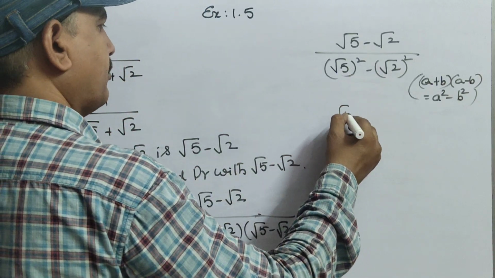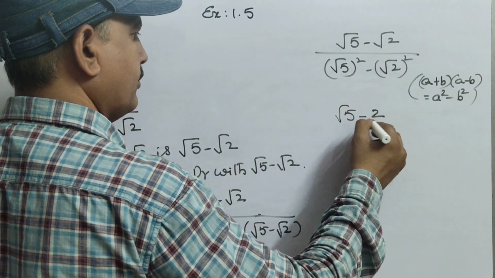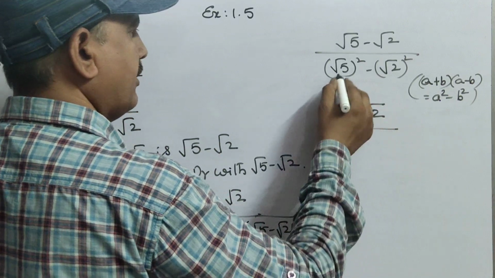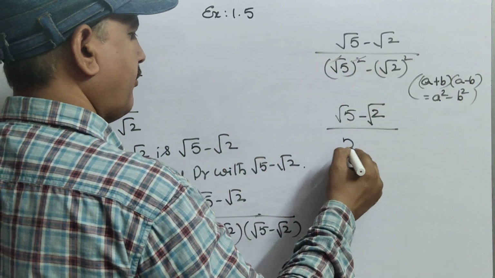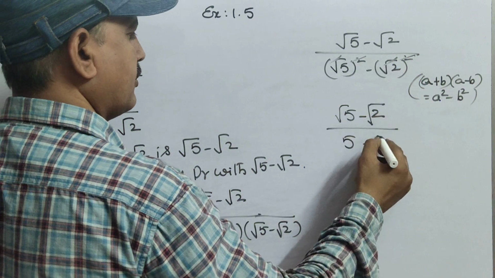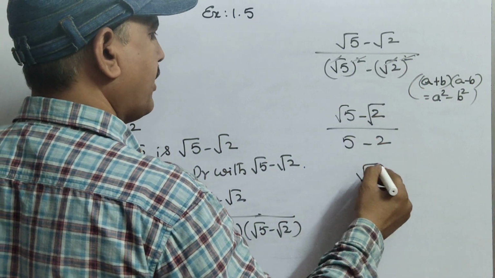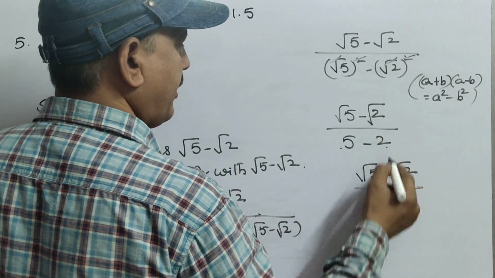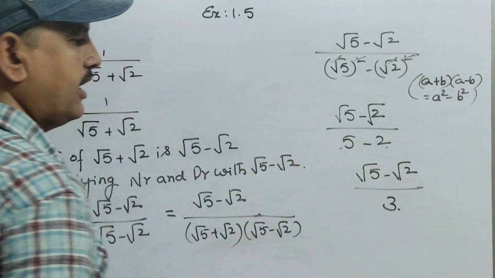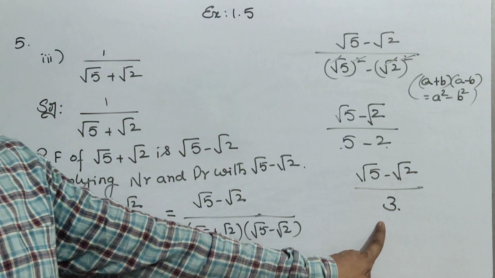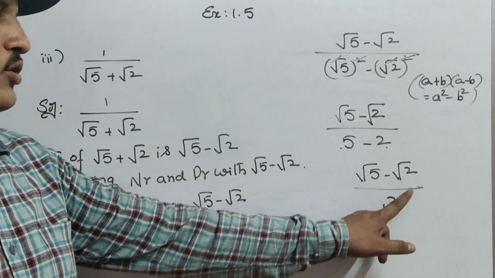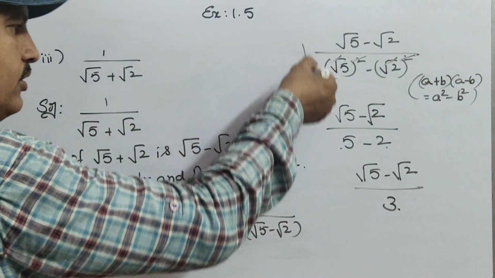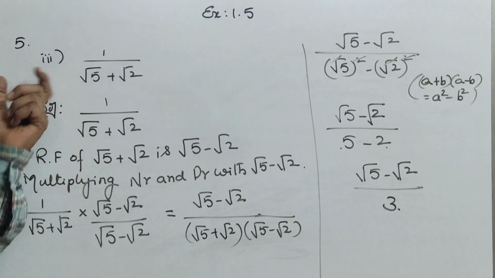Root 5 minus root 2 by, cancel, 5 minus 2. So root 5 minus root 2 by 5 minus 2, 3. You can leave the answer like this, no problem. Okay. Root 5 minus root 2 by 3. So this is the solution for the third question.